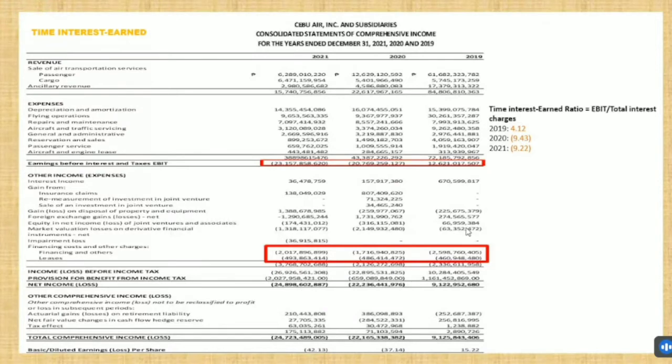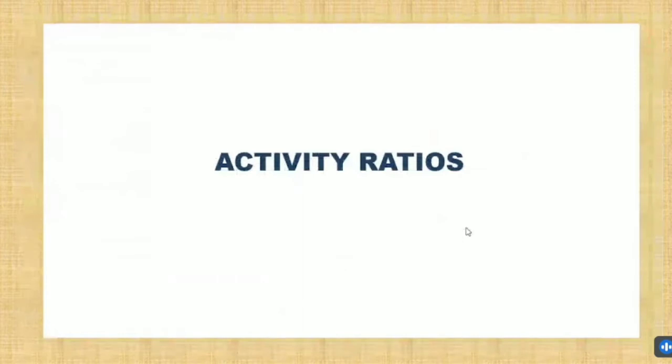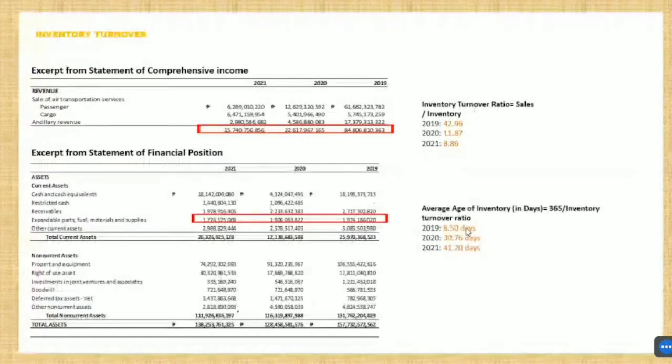Moving forward, we will now go to the activity ratios, and first is the inventory turnover ratio, wherein this has decreased from 2019 to 2021 also, because as can be seen, sales decreased big time from 84 billion.